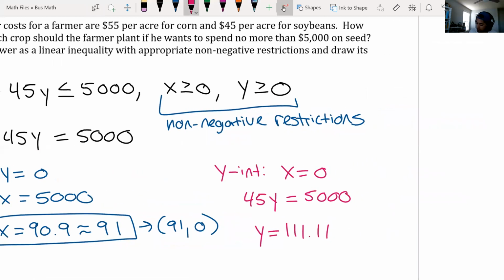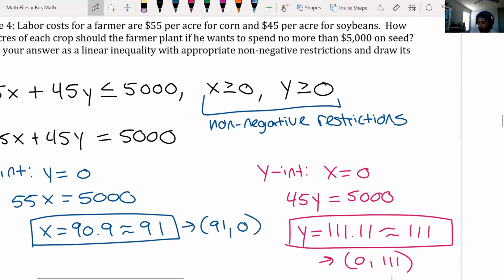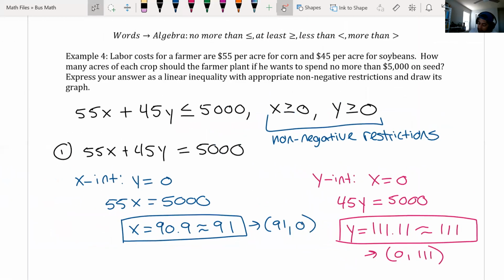So let's just make that 111, which gives us the point 0, 111. Okay. Oh yeah, one thing we have to make note of again is that by this inequality, we are going to be solid.